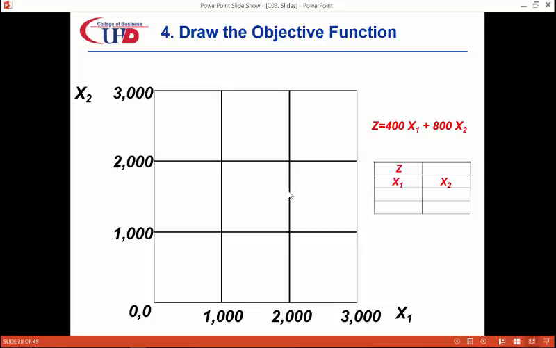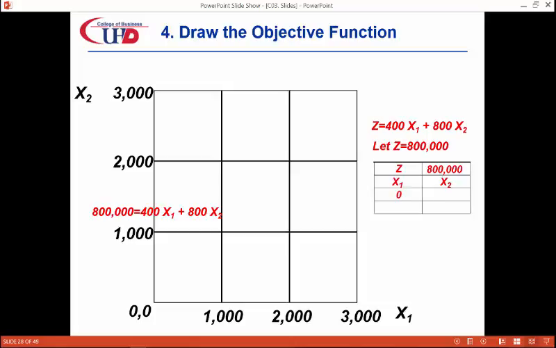Let z take the value of 800K dollars, and we try to draw the ISO profit line representing all the possible combinations of Max and Max, which generate the total profit of $800,000. Again, this can be done by finding and connecting the intercepts on each axis.